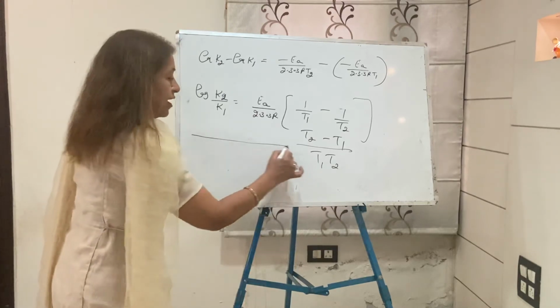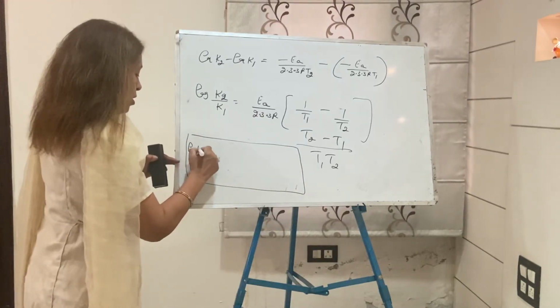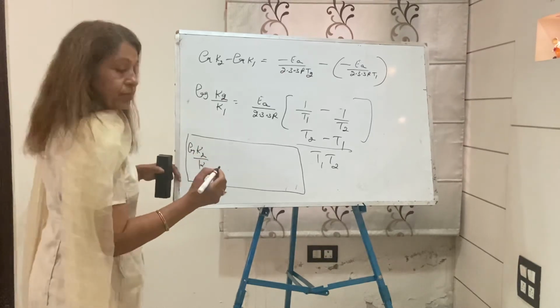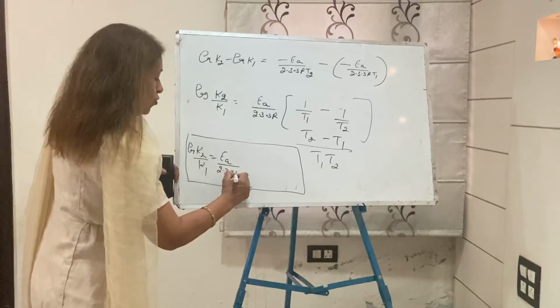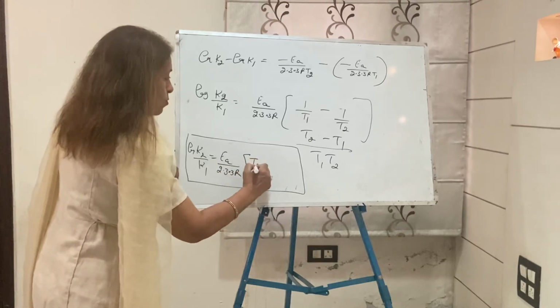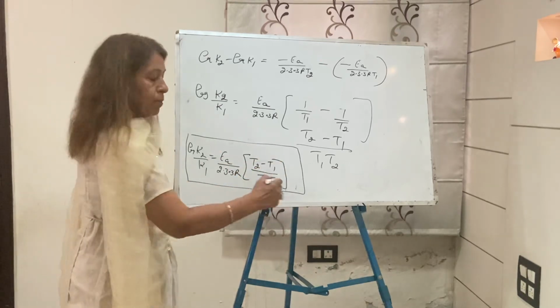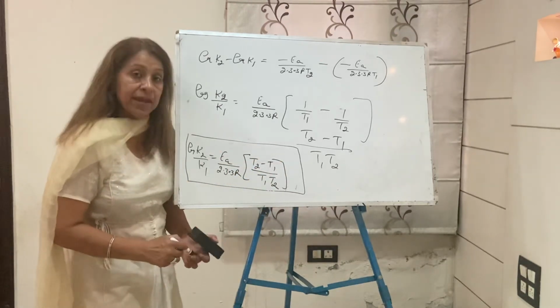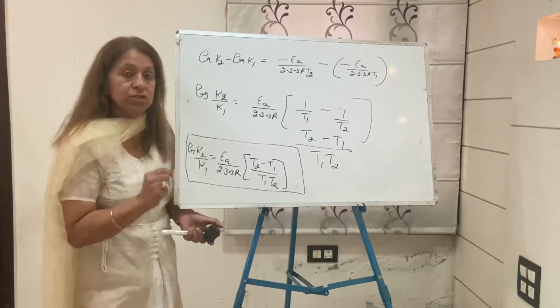And your final answer becomes log k2/k1 = Ea/(2.303 R) × (T2 - T1)/(T1 T2). So this is all about your Arrhenius equation. The numericals and the theoretical part of the Arrhenius equation we will take tomorrow.